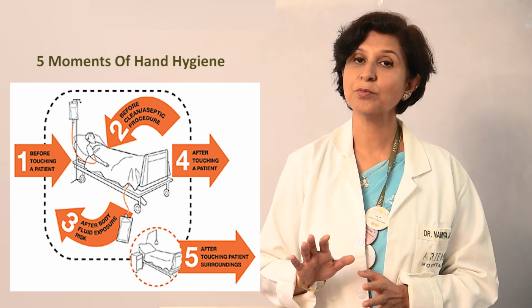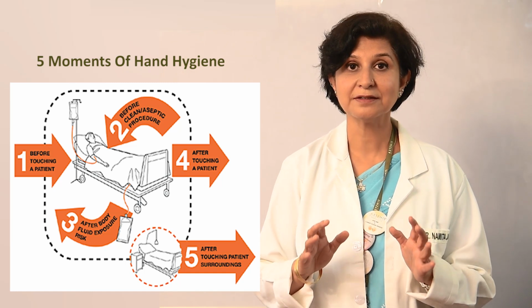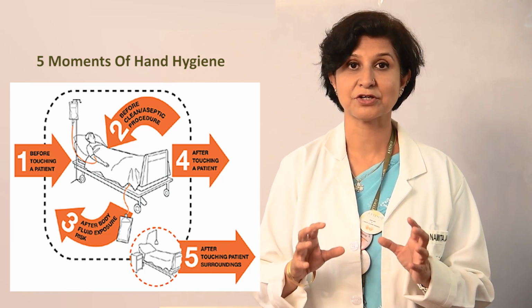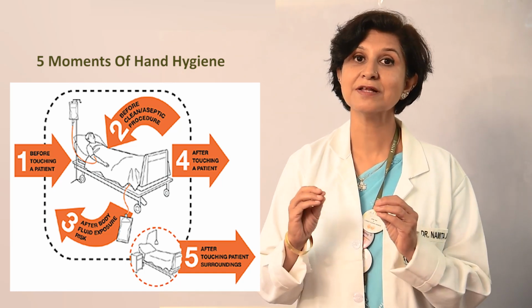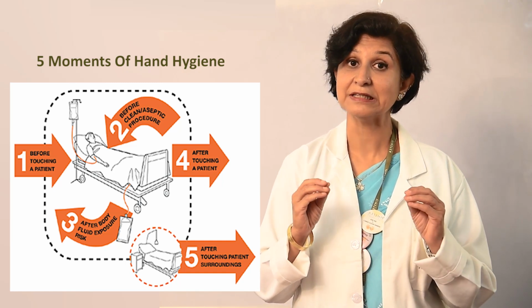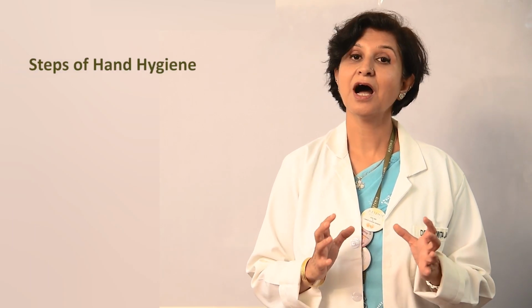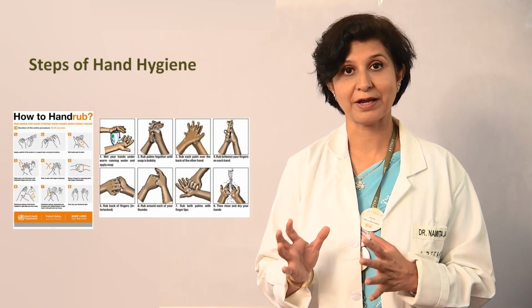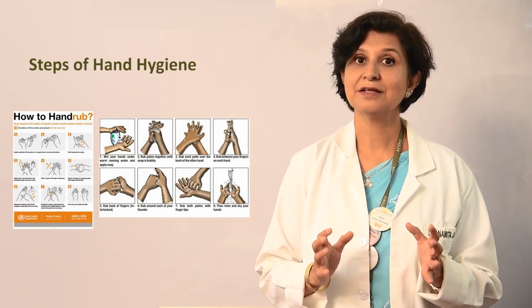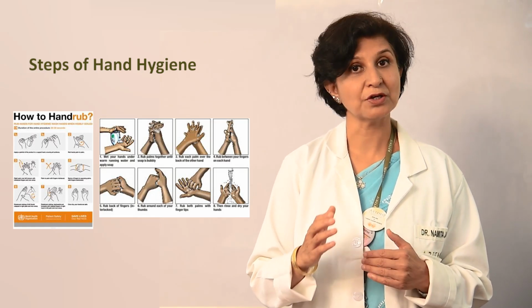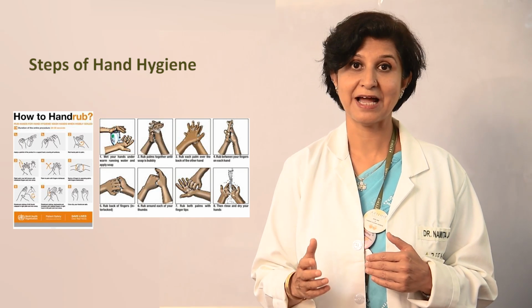Why are these 5 moments placed like this? Because these are the times when we may get infection in our hands and can transmit it to another person. So therefore, at these times, we must be very careful. The next slide tells you about the steps of hand hygiene, how to hand rub and how to hand wash. I often say that please do not fret about the sequence or about the number of the hand hygiene steps.